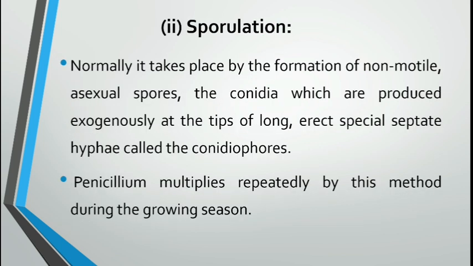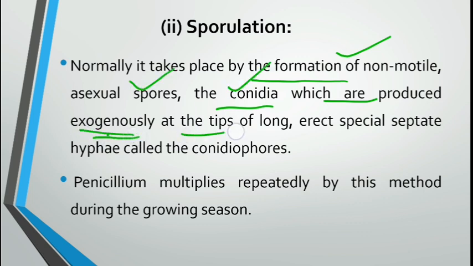Next, sporulation. Normally it takes place by the formation of a non-motile asexual spore, the conidia, which are produced exogenously. That means outside the body of the Penicillium. Penicillium multiplies repeatedly by this method during the growing season.